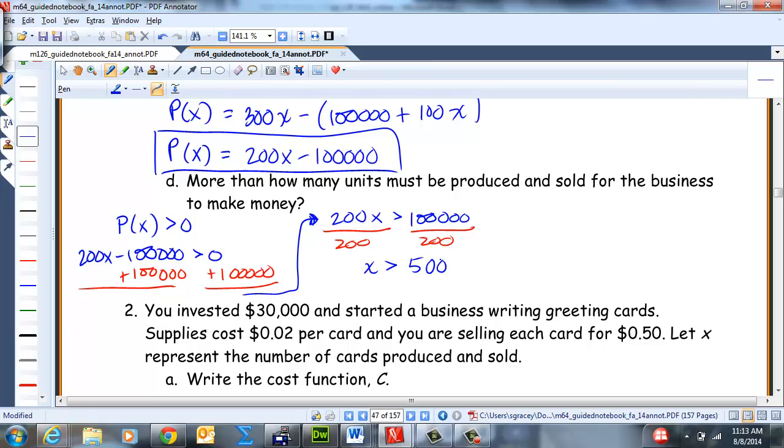So let's answer the question. More than 500 units must be produced and sold for the business to make money.